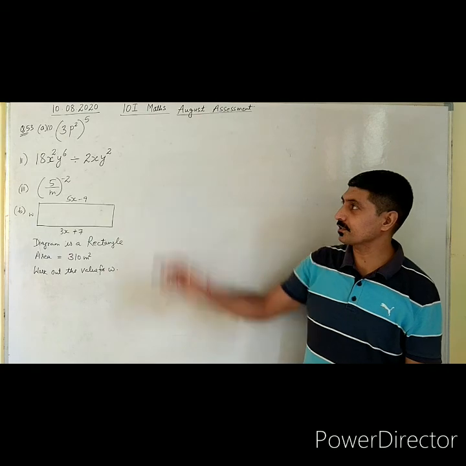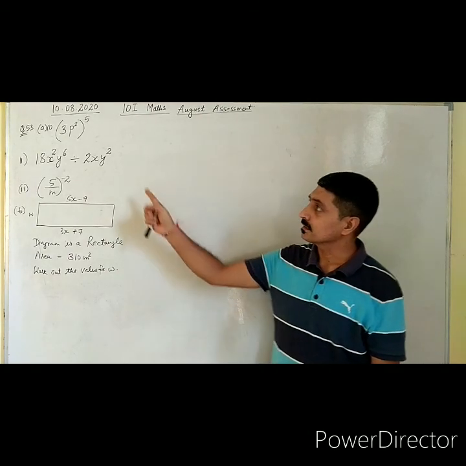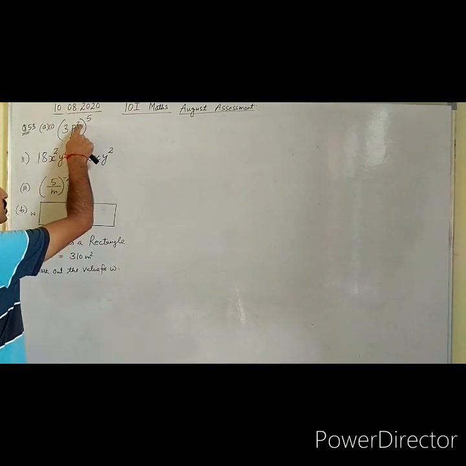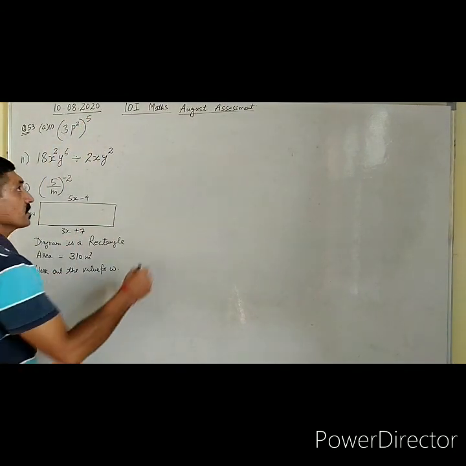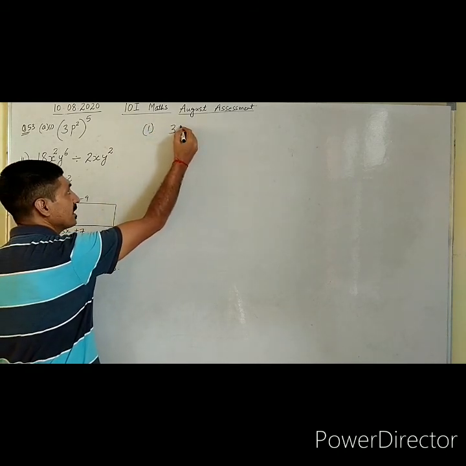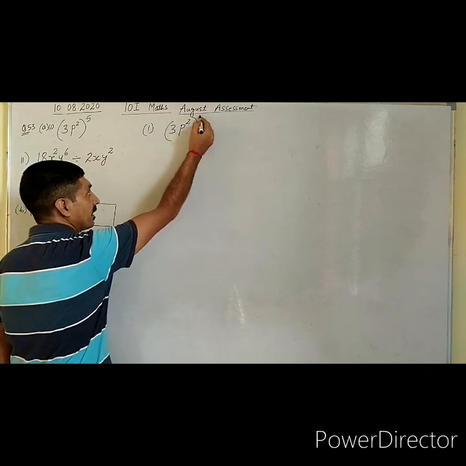Question number 53, A part, sub part 1. Here we have (3p squared) raised to power 5. When we open the bracket, that is (3p raised to power 2) whole raised to power 5.